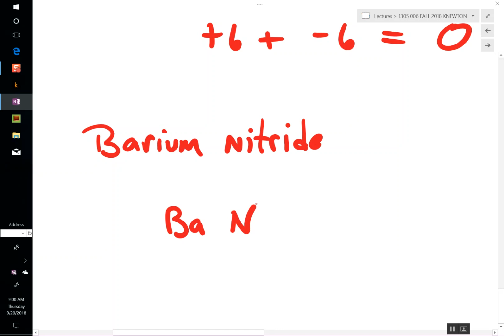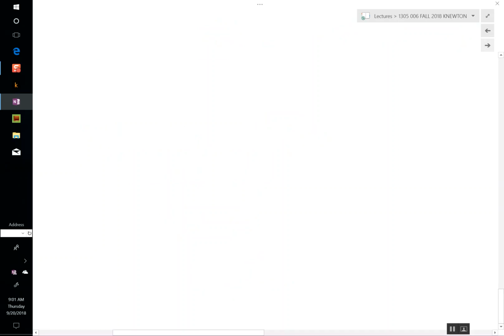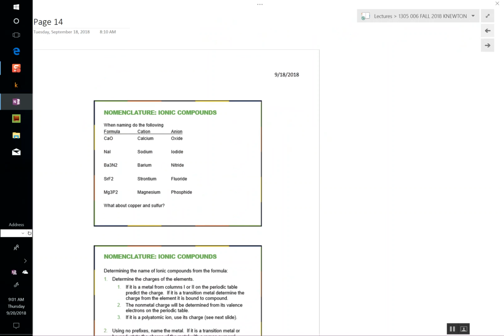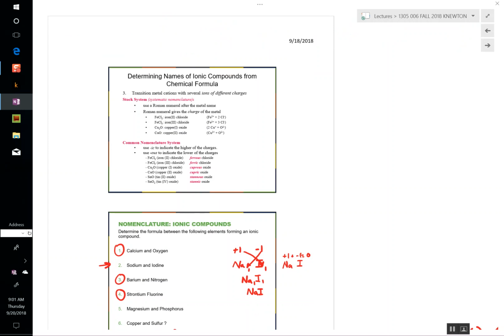Barium is what? +2. The nitride ion is -3. So what's the formula? Ba3N2. Barium nitride. Okay. I'm sorry this jumps around so much, like I said.